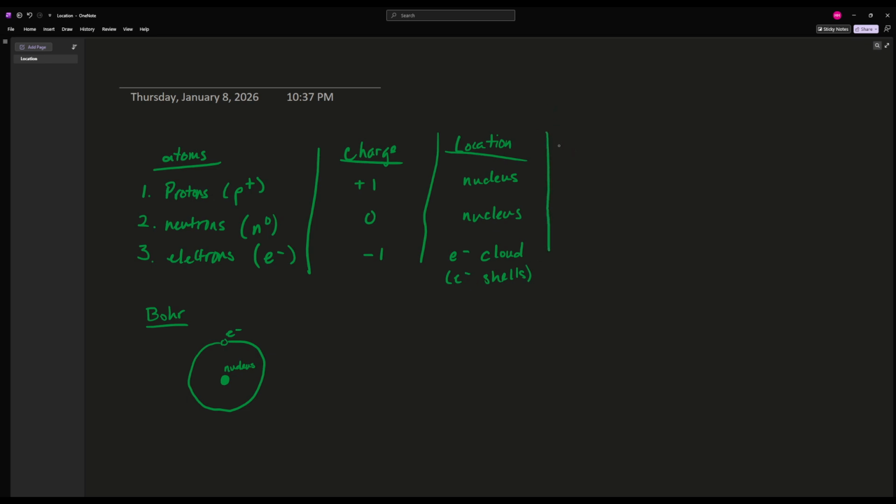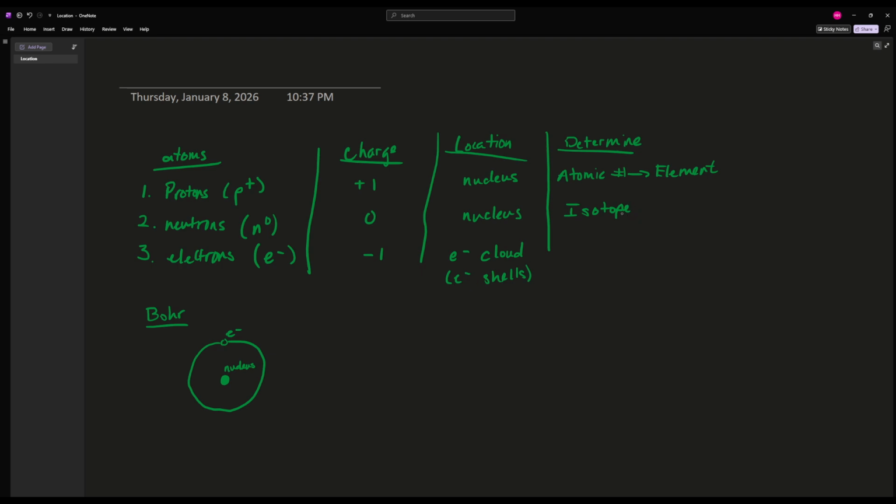Finally, we can look at what these things determine. In other words, the number of protons determines the atomic number, which determines the element. So elements are defined by the number of protons in the nucleus. The neutrons will affect the mass of a specific element, in other words, the isotope.